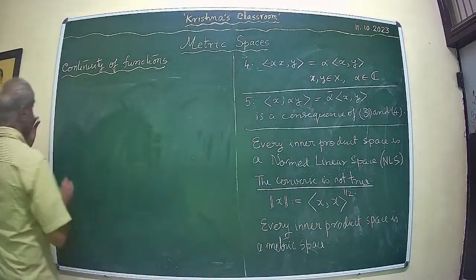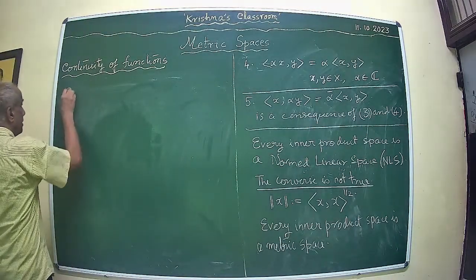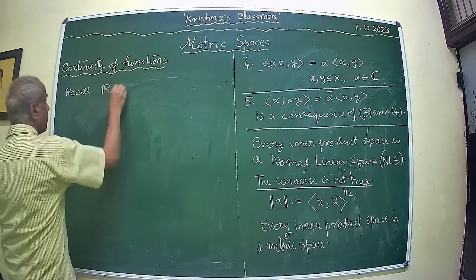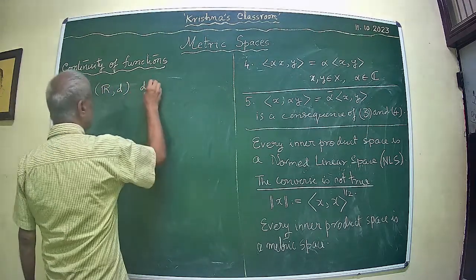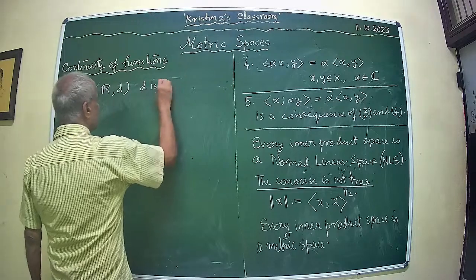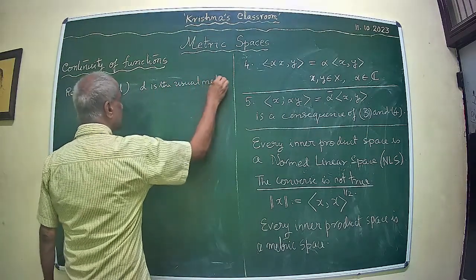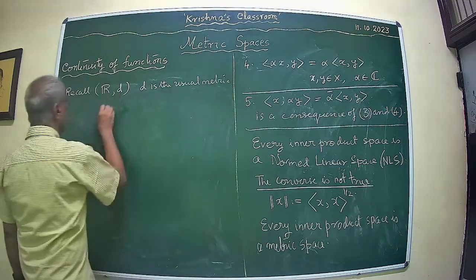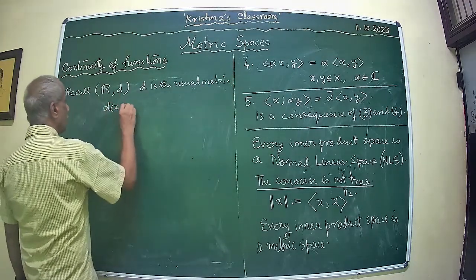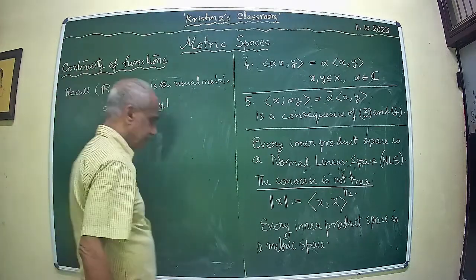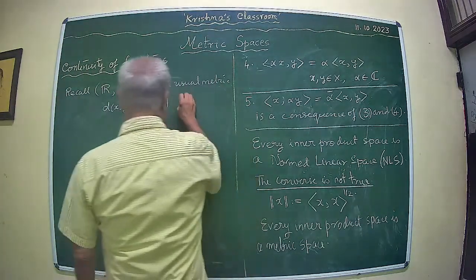So recall, you have R, and d is a metric. It is d(x, y) = |x - y| for every x and y.